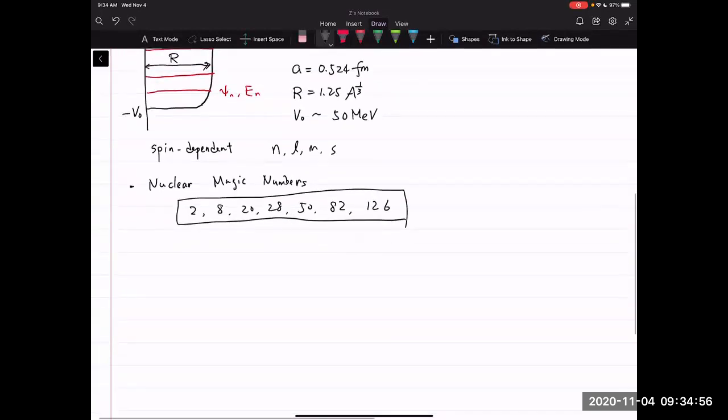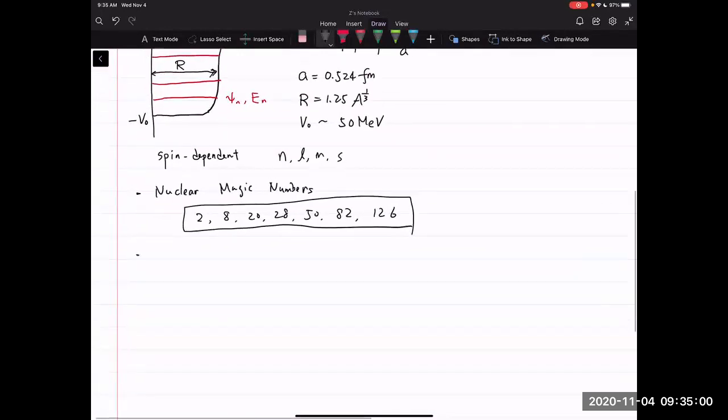Okay, and one more thing. In atomic physics, we talk about the valence electron. It's the extra electron, which is beyond the magic number. In nuclear physics, we can also talk about the valence nucleon.